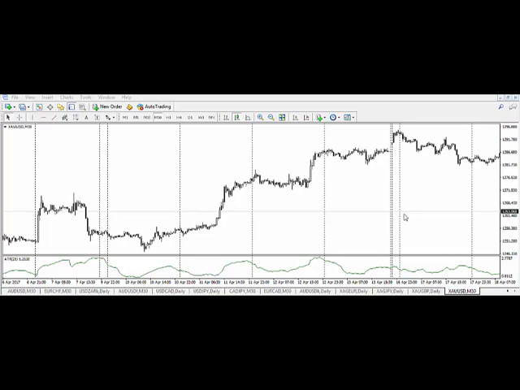So in case something unexpected happens, some war or some airstrike or something of the kind, gold would immediately react with a very rapid bullish breakout to the upside.